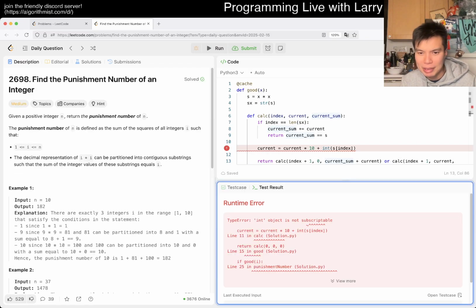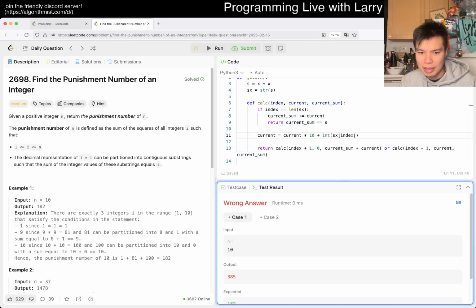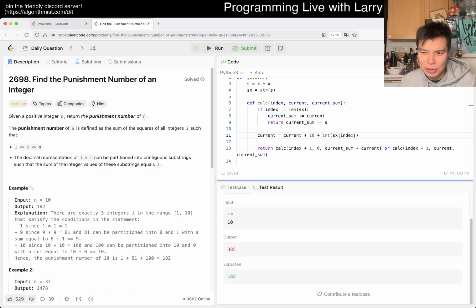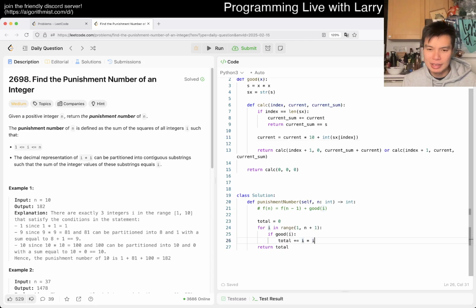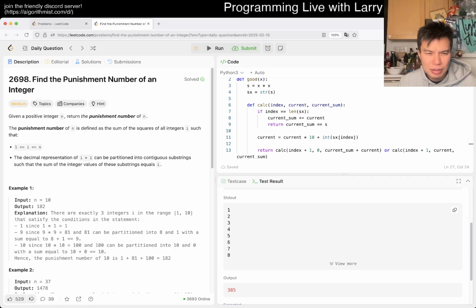Anyway, let's give it a spin. Oh, the other one. Right, and apparently it is way too high. All right, let's see. What am I doing wrong? 1, 2, 2. Maybe I'm misunderstanding this.